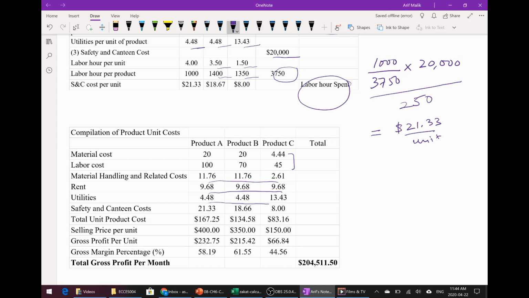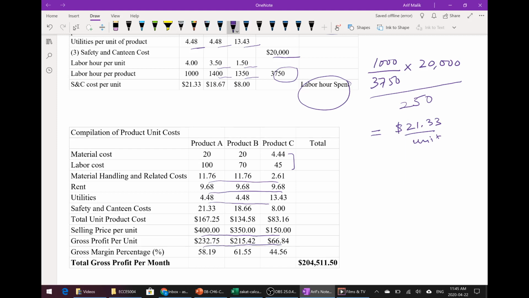And then the selling price was given to us. These are the selling prices for all three products. And then the gross profit per unit is the selling price minus the cost of goods sold. So this is the gross profit per unit coming here.